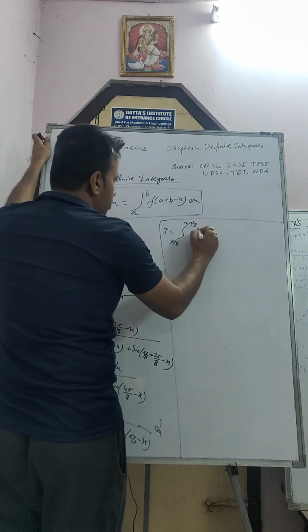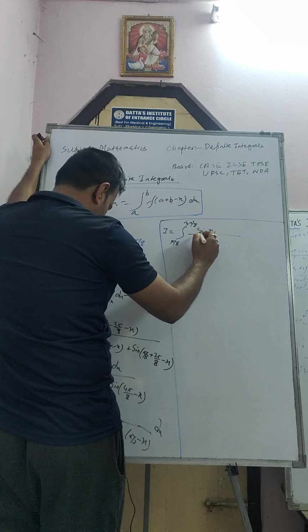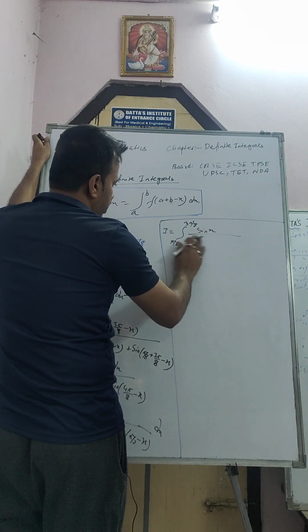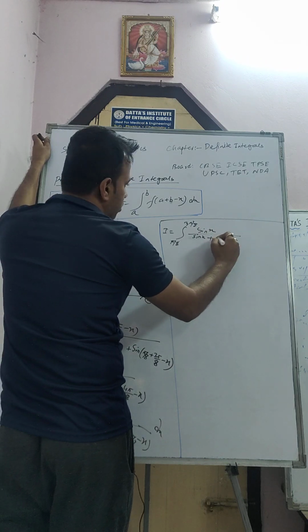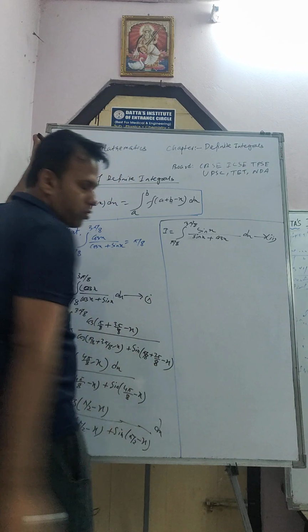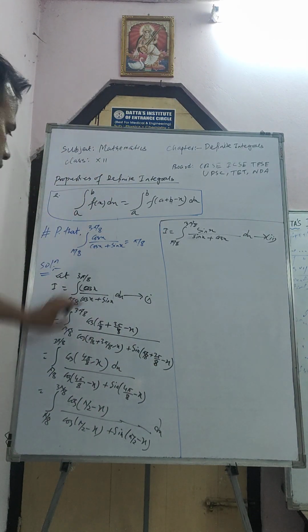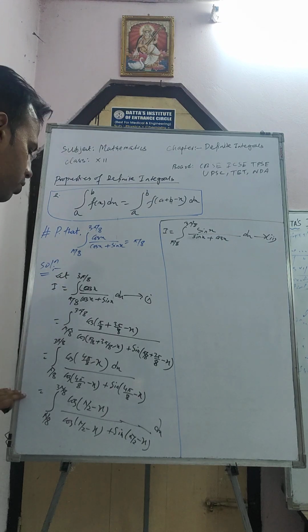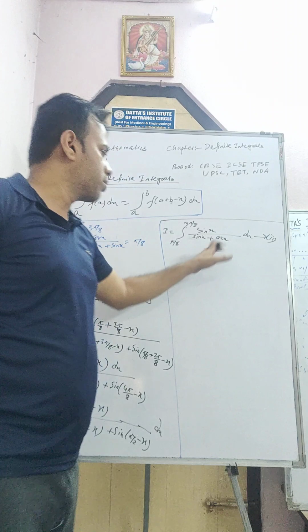So I equals the integral from pi by 8 to 3 pi by 8 of sin x by (sin x plus cos x) dx, equation 2. So using this property of definite integral, after simplifying, I becomes sin x by (sin x plus cos x).